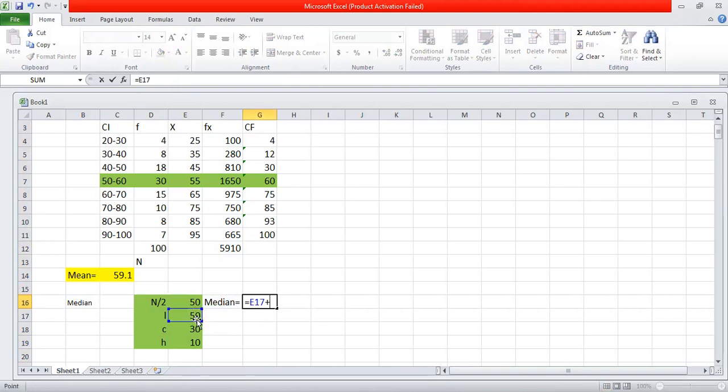L plus, now open the brackets for the numerator, n by 2 minus C, that is 30, into H, divided by F value. What is actually F? F is the frequency corresponding to the median class. What is the frequency here? 30.